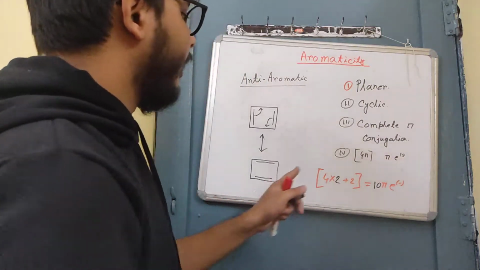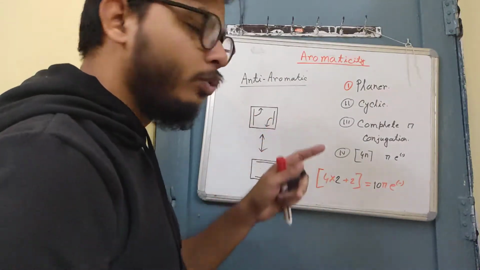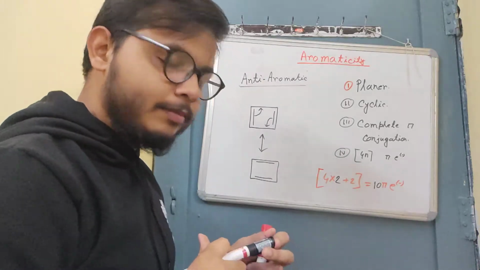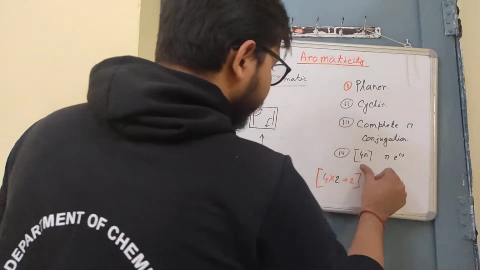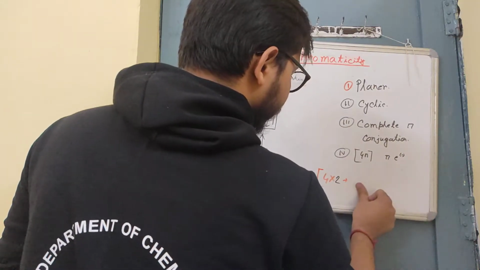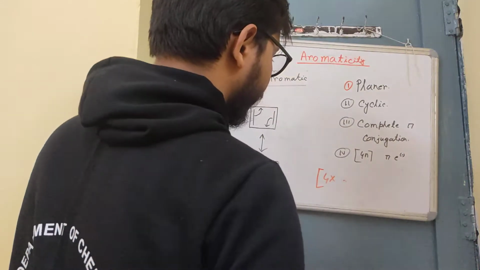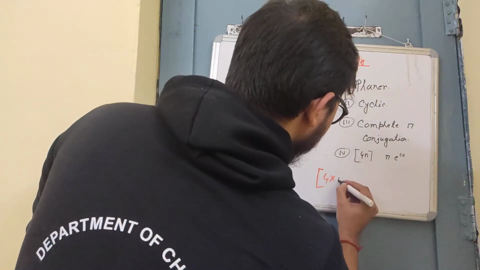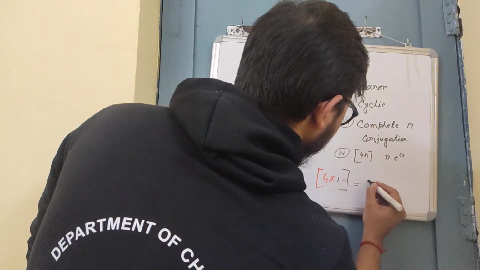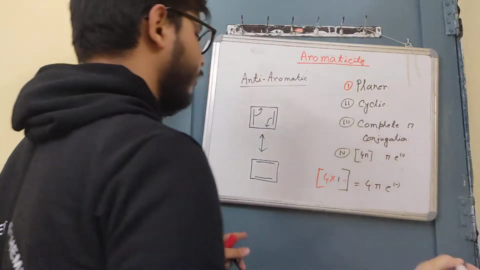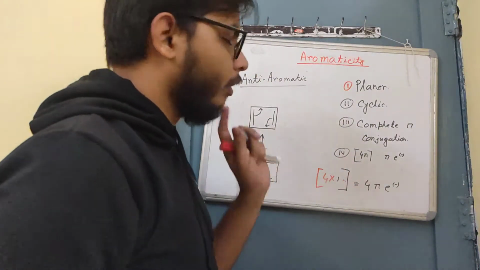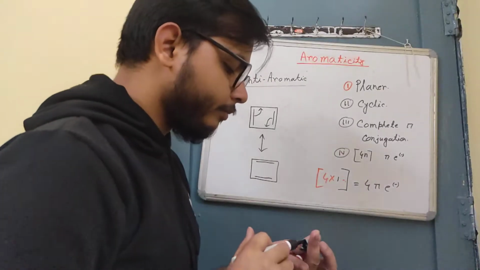And 4n pi electrons: there are 2 pi bonds, that means 4 electrons, and 4 electrons means 4 into 1, that means 4n pi electrons, right? So this molecule is anti-aromatic.